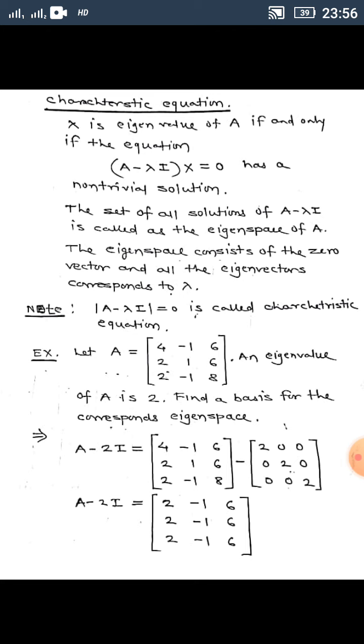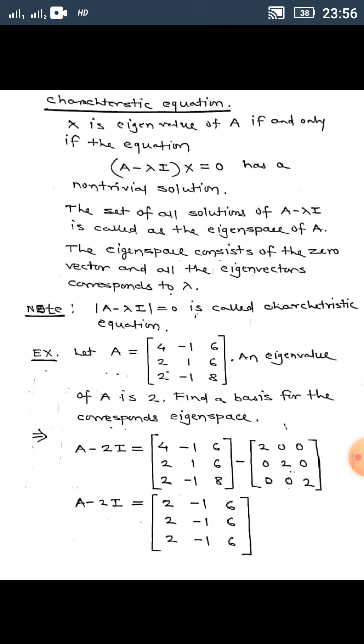So A is 4, minus 1, 6; 2, 1, 6; 2, minus 1, 8, minus, now see, this is a 3 by 3 matrix, so we consider the unit matrix I, 1 0 0, 0 1 0, 0 0 1. If 2 is multiplied inside, the matrix becomes 2 0 0, 0 2 0, 0 0 2.